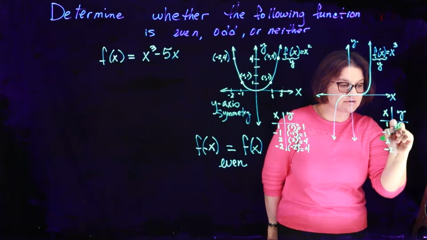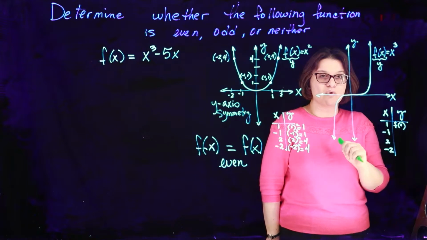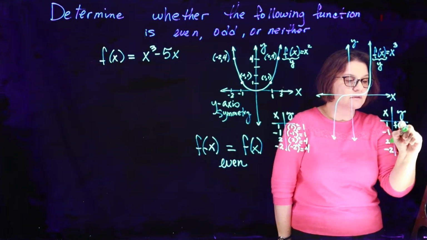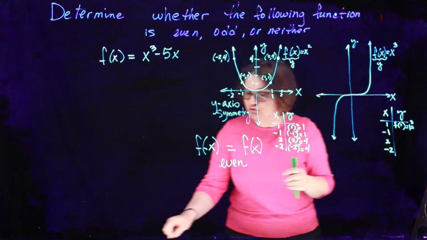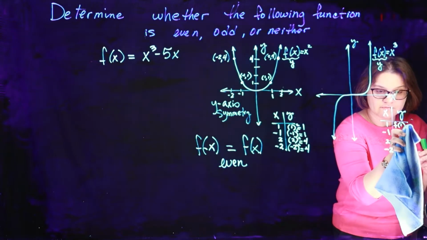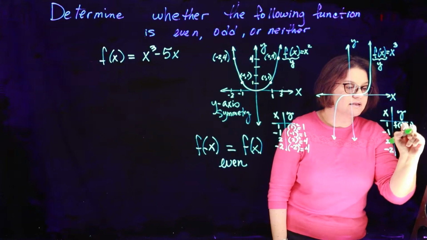I know I've said it several times, but I haven't had a chance to write it this way yet. F of 1, that means substitute 1 into this x. This becomes 1 cubed. I'm sorry, you guys. Let me write it a little bit further apart so you can see it. 1 cubed equals 1.